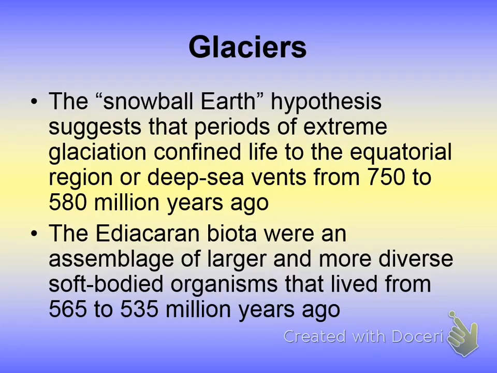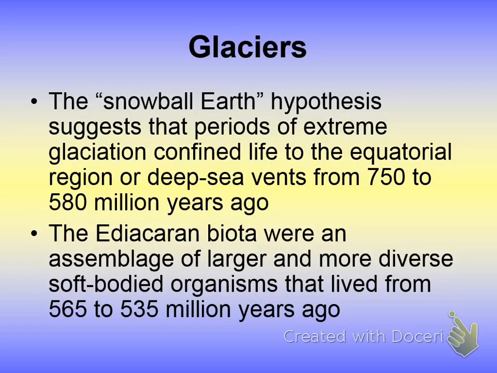Then all of a sudden we got problems. We had the snowball Earth. We have lots of glaciers come about. The equatorial region of the deep sea vents, about 750 to 580 million years ago, started spewing out lots and lots of carbon dioxide.